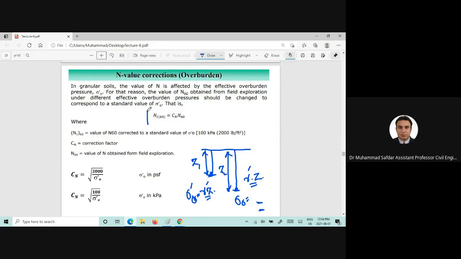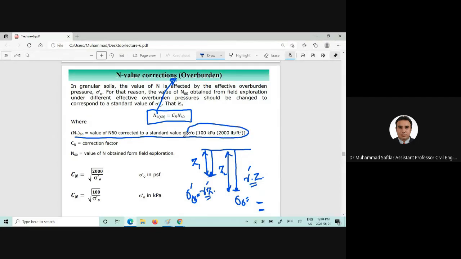So we can use this equation. Please kindly note down this equation as well, which is N160. The incorporation of that 1 in the 60 term, or symbol there, means that the overburden correction has been applied. So N160 is the value of N60 corrected to a standard value of sigma prime naught, which is 100 kilopascal.